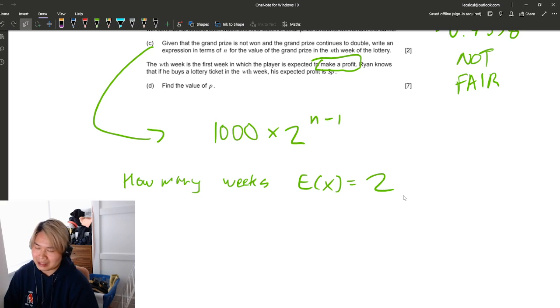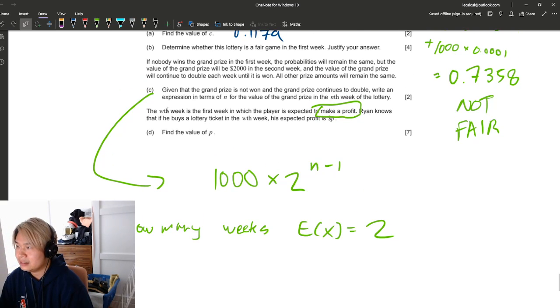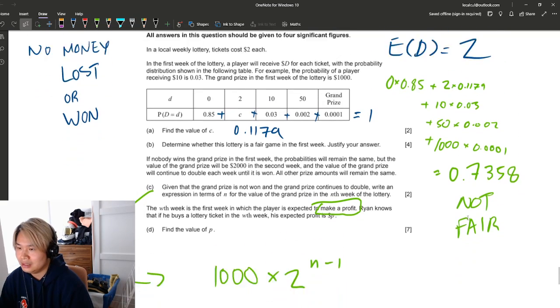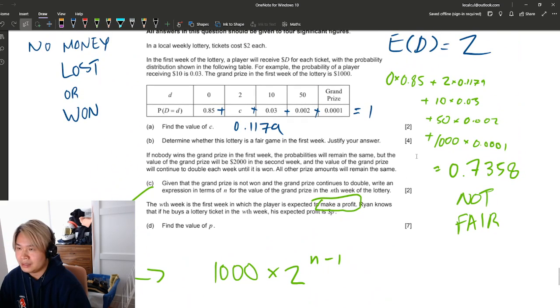Because after it goes past $2, then you're making a profit. And then that's going to help you find W, because when you find W, you can plug it into the expected value formula to find out what his expected profit is. So hopefully that makes sense, what I just said.